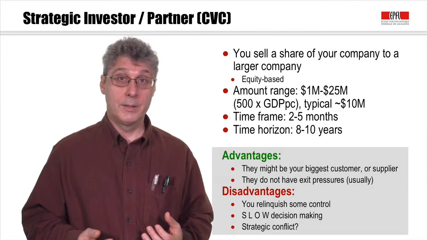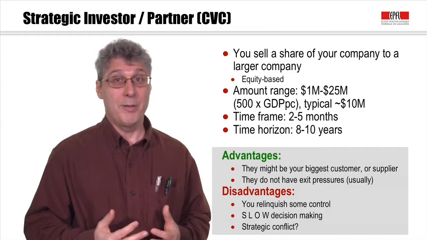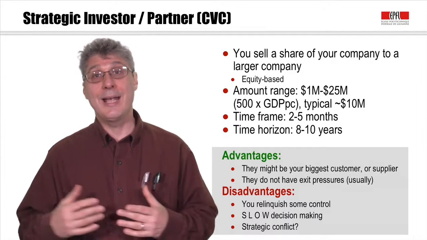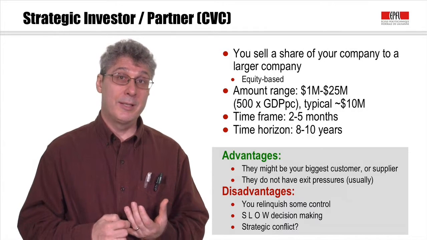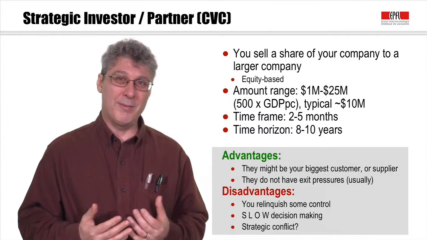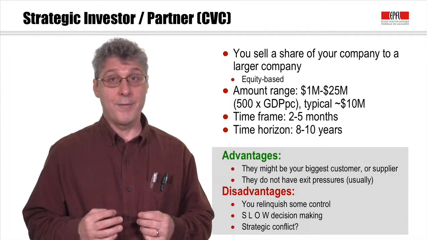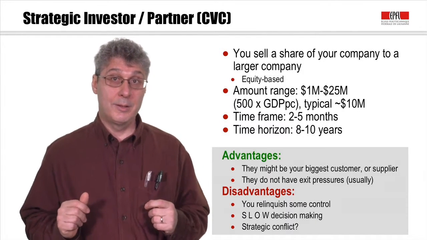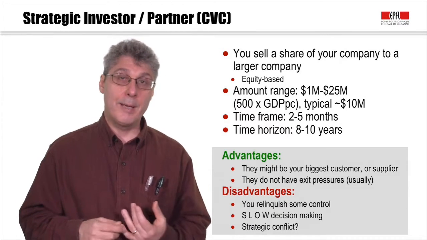On the other hand, for a time horizon, it depends on the motivation of the big company. It could be 8 to 10 years, relatively patient, very patient in general. It also depends on what the purpose of this investment is from the company's point of view. If they're looking for a financial return, so they really want to see an exit, they'll have a similar time horizon to a venture capitalist.